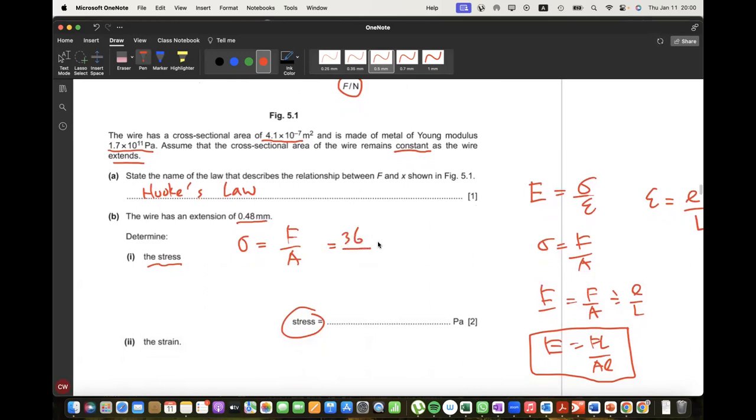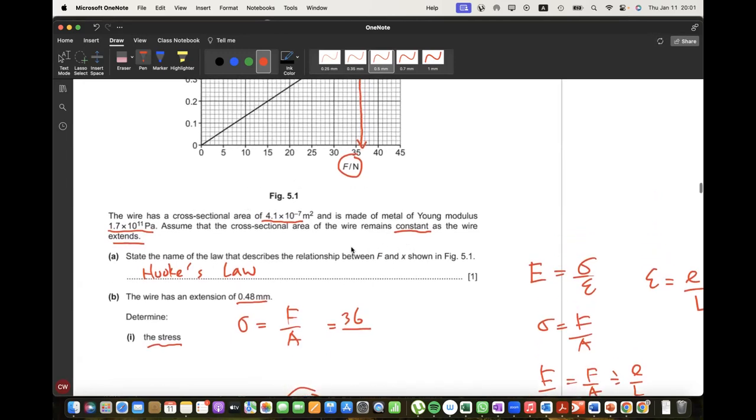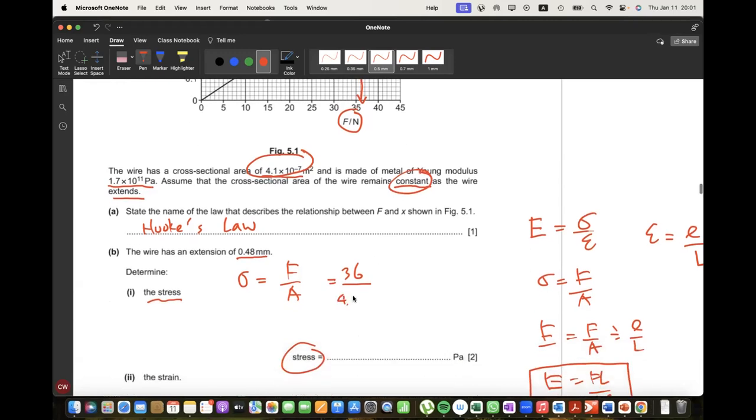Do you have the area? What does this say about the area? The area is constant, it doesn't change. Can you get the answer for this? 3.6 divided by 4.1 times 10 to the power of -7.